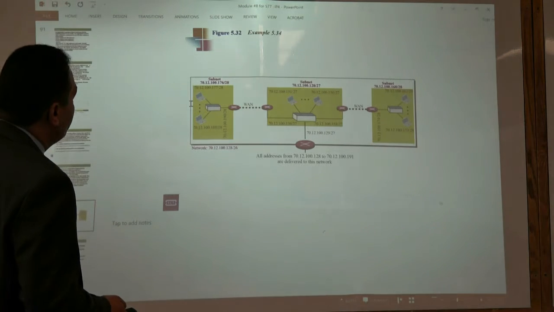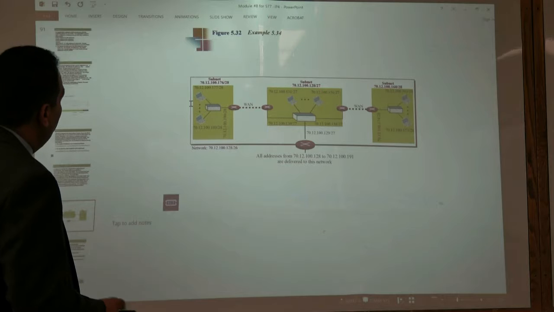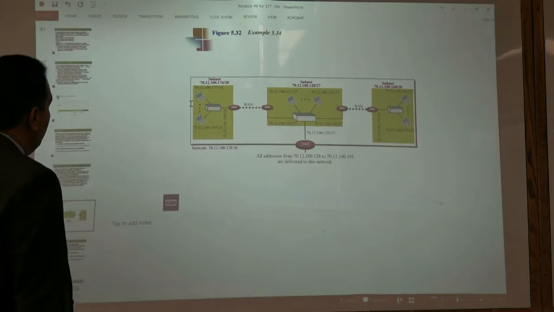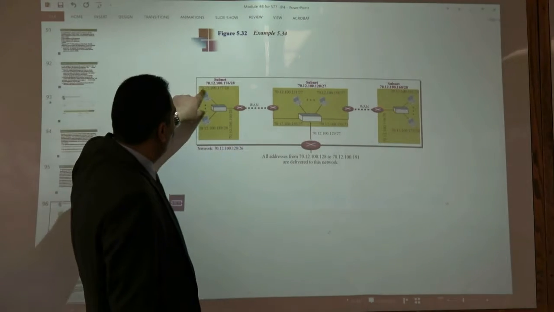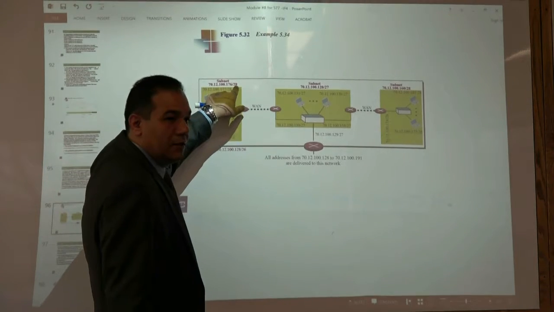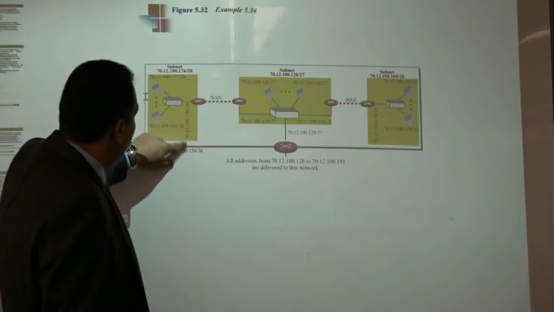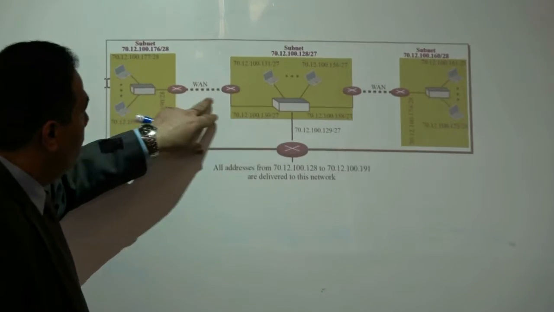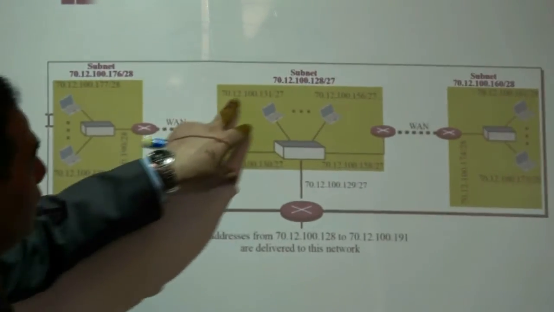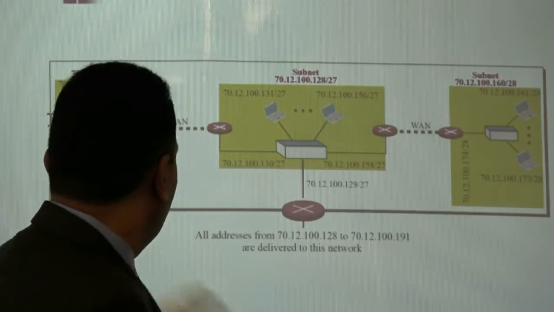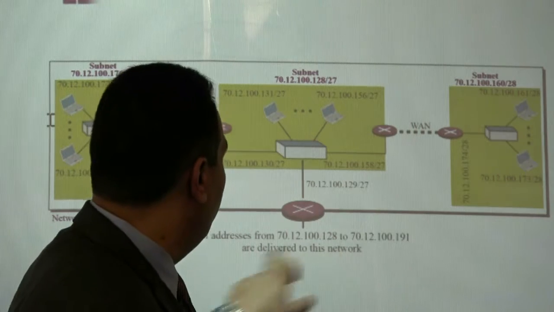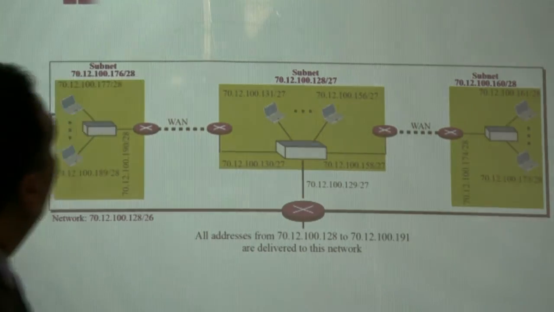You could go over that by yourself in here. So here, for example, this is a network which is /28, connected through our router, and that becomes a WAN to another subnet, to another subnet. So all the addresses are derived from the network.